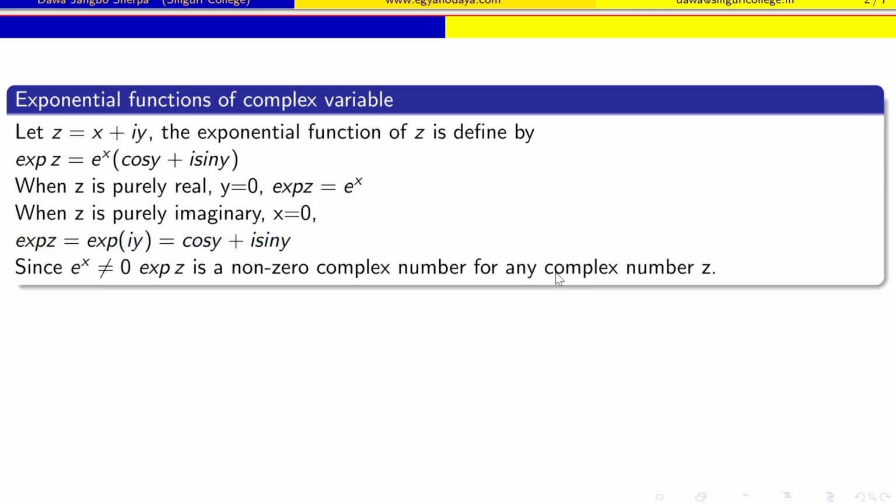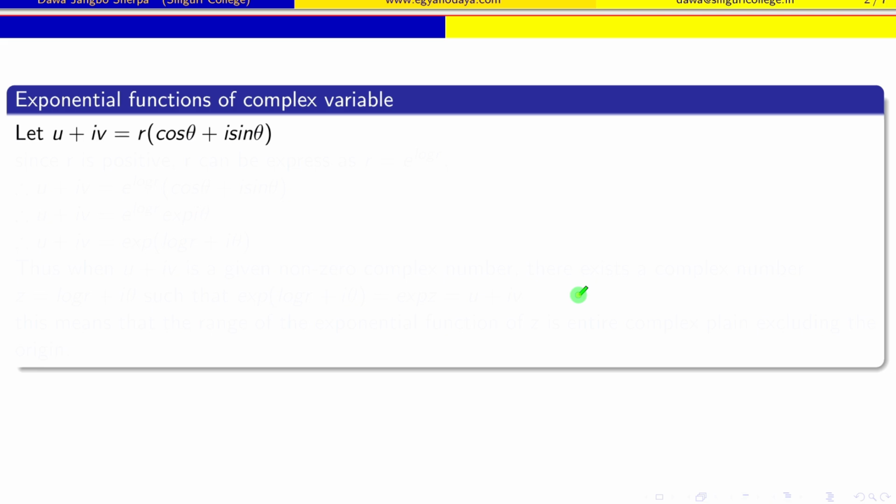Now we know that e to the power x is a non-zero quantity. That means the exponential function for a complex variable z is a non-zero complex number for any complex number z. Let us consider one complex number u plus iv, whose polar representation is r cos theta plus i sin theta.